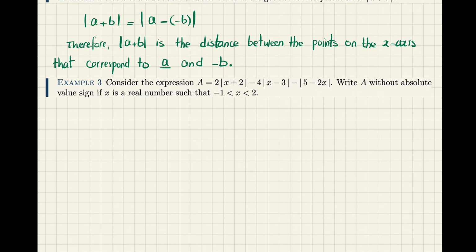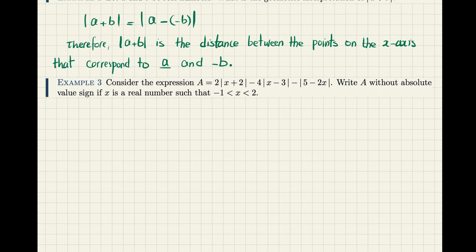I want to write expression A without the absolute value sign, but we learned so far that I will not be able to get rid of the absolute value sign unless I am certain about the sign of the expression inside it. And here this condition will help me to decide the sign of this expression, this expression, and this expression, so that in principle I should be able to remove the absolute value signs.